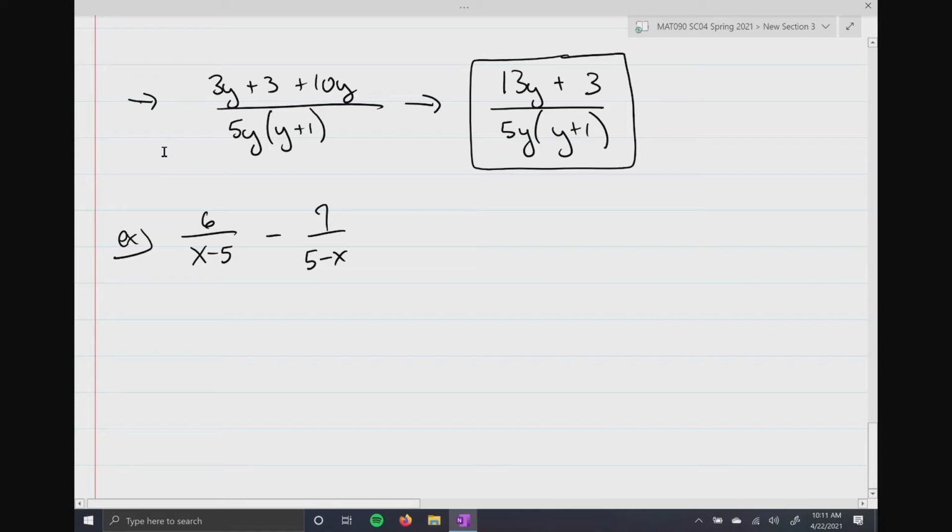6 over x minus 5 minus 7 over 5 minus x. Anybody notice anything here? Yeah, what do you notice? The first one is x minus 5, the other one is 5 minus x.